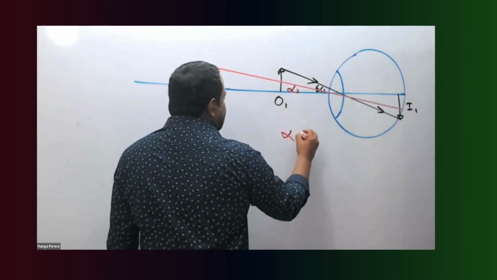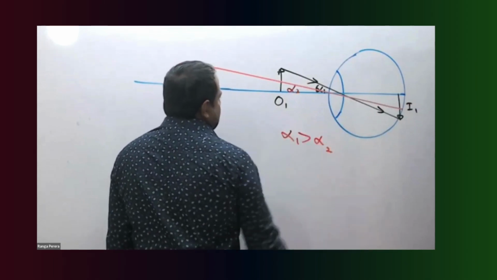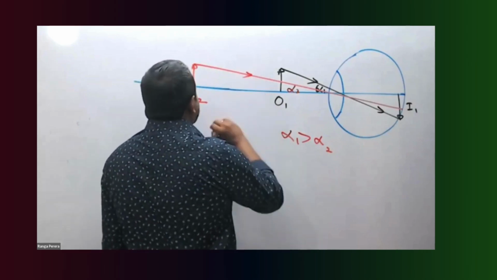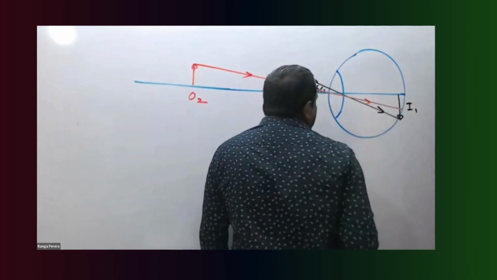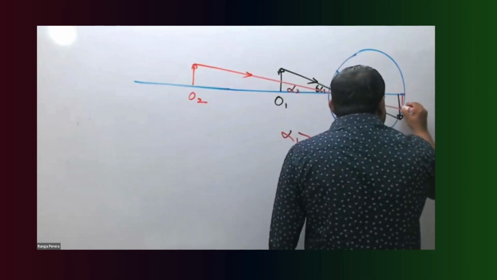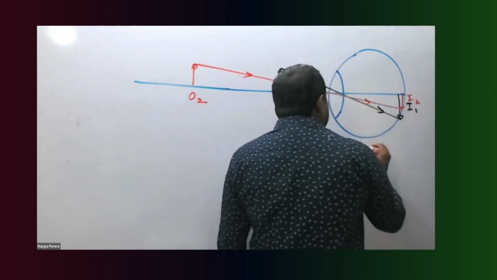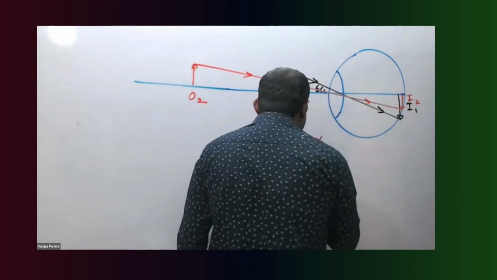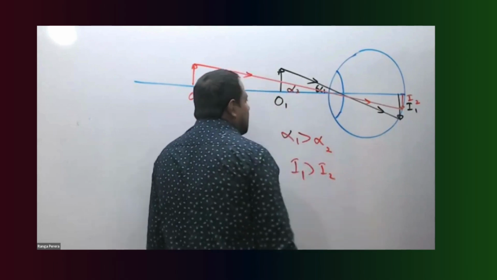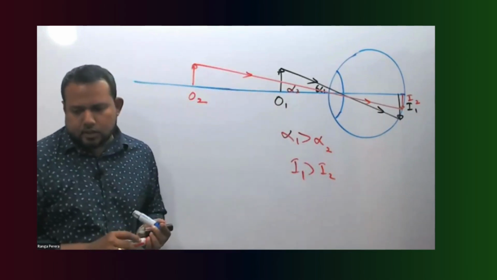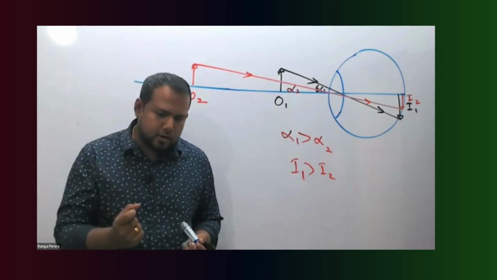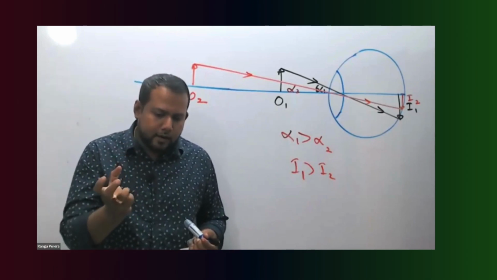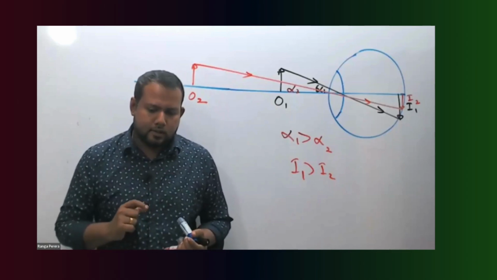It is very clear alpha 1 is greater than alpha 2. Identical object, but the image I2 is less than I1, or simply I1 is more than I2. For the same object at two different positions, you get different sizes of images.